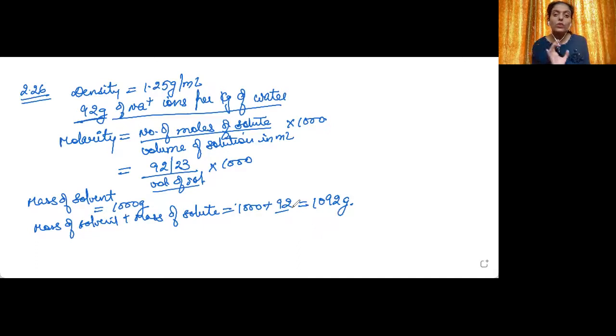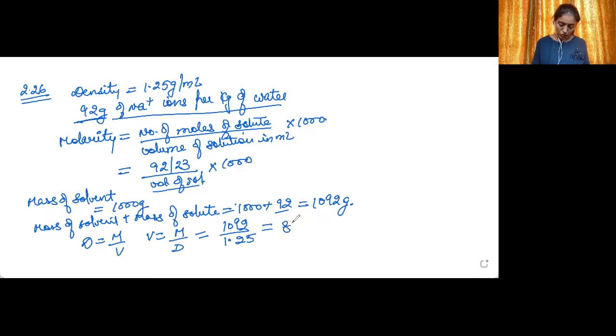Okay, now we know the total mass of the solution and we know the density of the solution. So density is equal to mass upon volume. Volume is equal to mass upon density. So it will be equal to 1092 upon 1.25. So it is coming out to be equal to 873.6 ml.